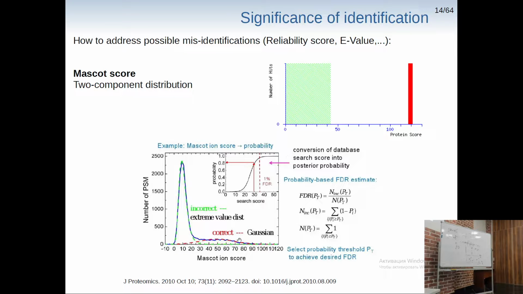So we have two distributions. Each distribution is a normal distribution, as you can see, or I would say even Gaussian here. And you can provide some value here which can be used for identification, whether your identification is statistically significant and how significant it is. For instance, in Mascot, it is visualized in this way.